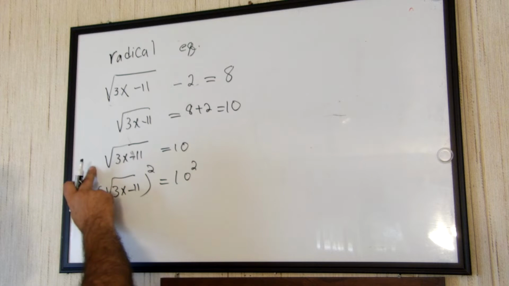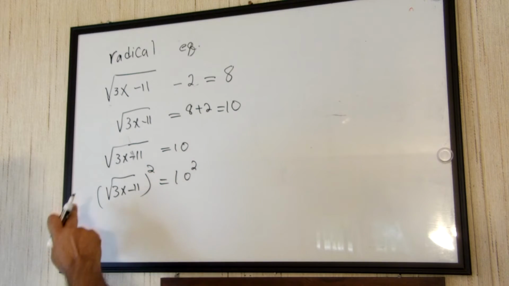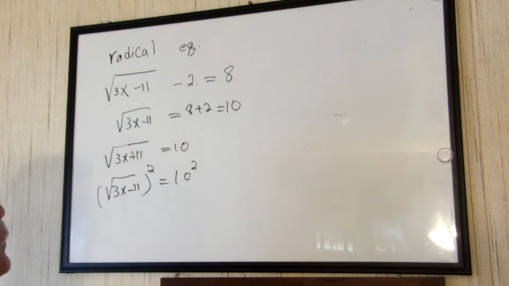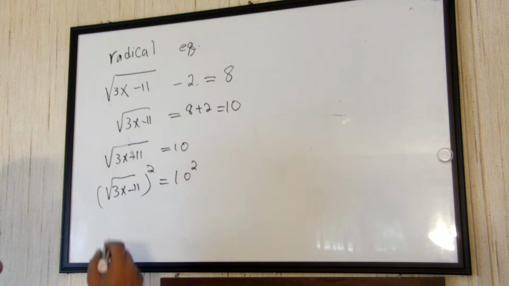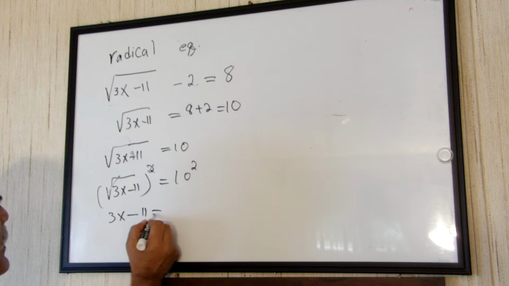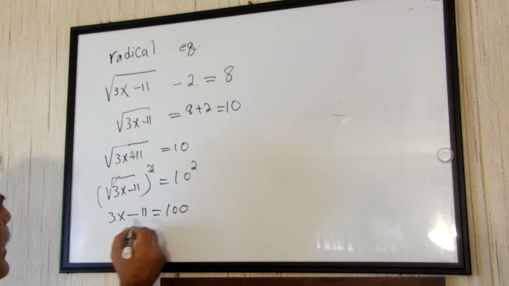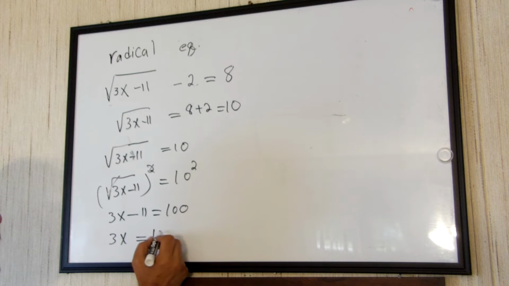If you multiply one side by minus 2, you multiply the other side by minus 2, or if you add to this part, you add to the other part too, or you subtract some number from this, you subtract the number from that. So it's going to cancel out. 3x minus 1 is equal to 100, and then 3x is equal to 101.